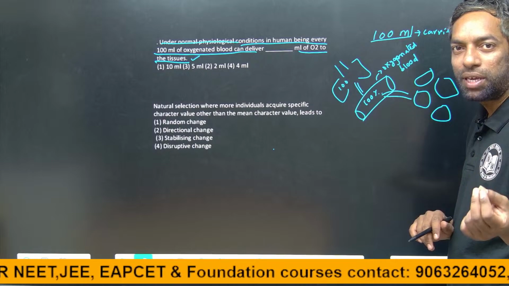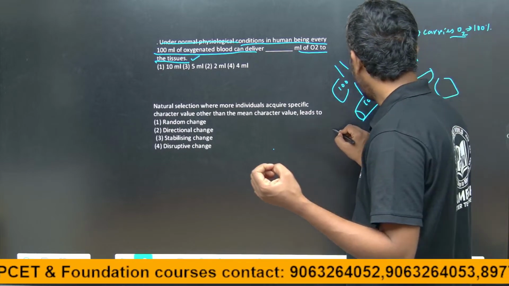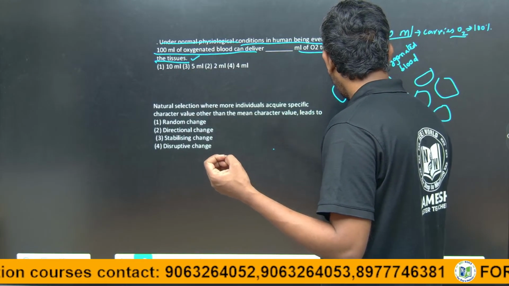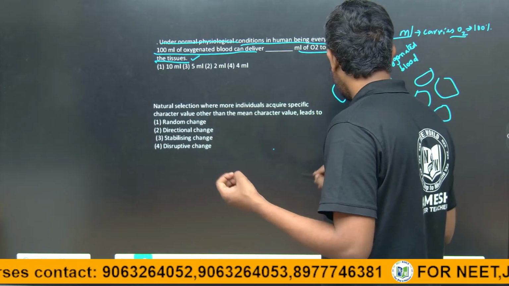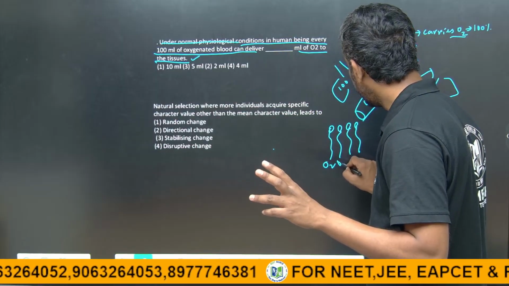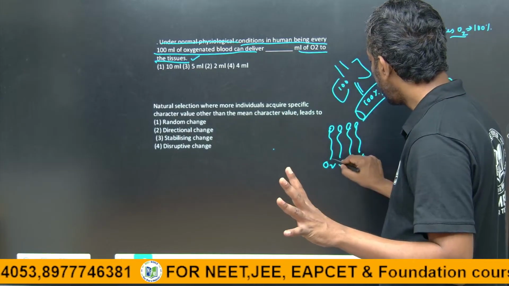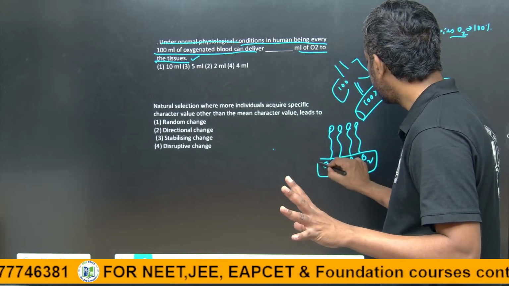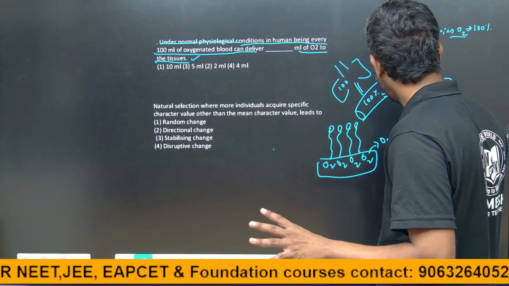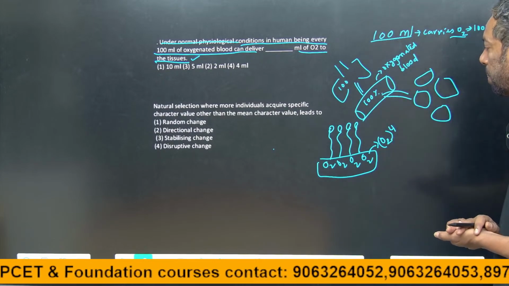RBCs contain a pigment called hemoglobin. They can carry the oxygen. Hemoglobin structure is like 2 alpha chains and 2 beta chains, guys. Each chain carries one oxygen, so the 4 chains carry 4 oxygen molecules.